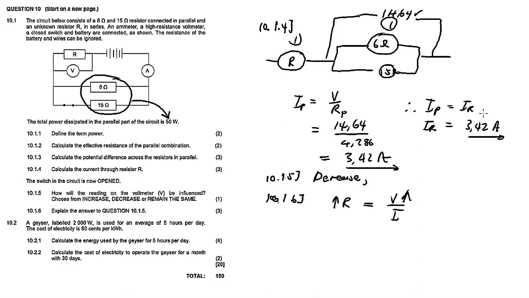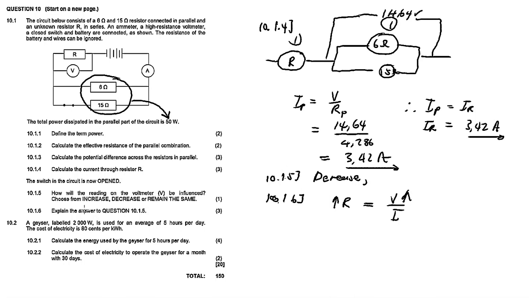Or let me explain it. Since the total resistance for the circuit increases, and it increases because of the 6 ohm resistor that remains in the parallel connection, the potential difference across this 6 ohm resistor increases now because of the increase in resistance. So therefore this value decreases.